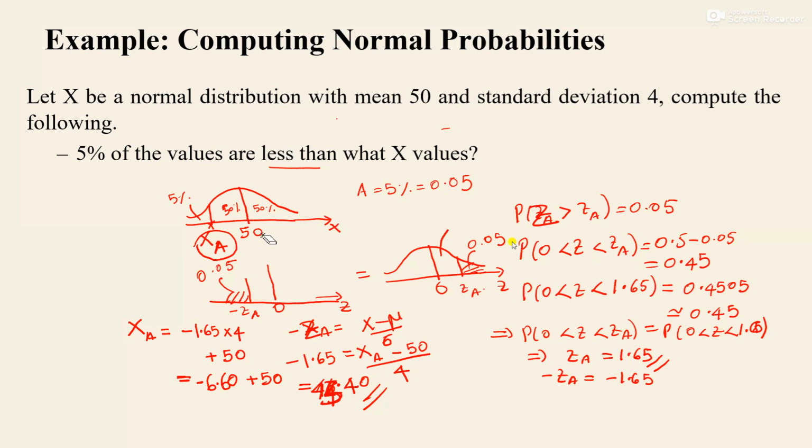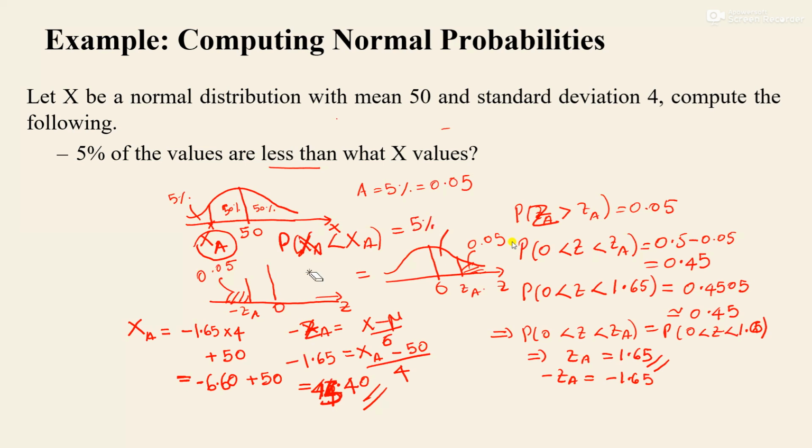So now you look at how we are calculating. First, based on this given statement, we have to identify where the value is located. Only less than 5%, so because of less than 5%, it is in the left tail. So this is the probability of X less than XA equal to 5%.